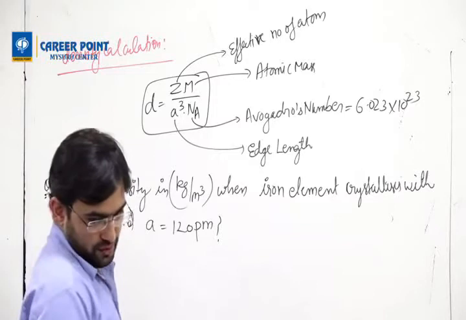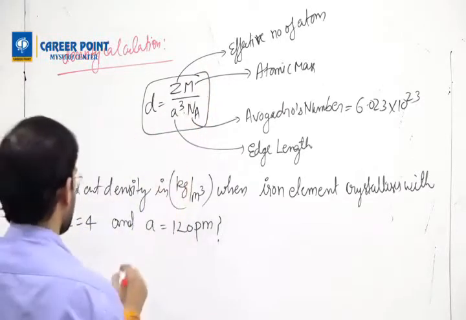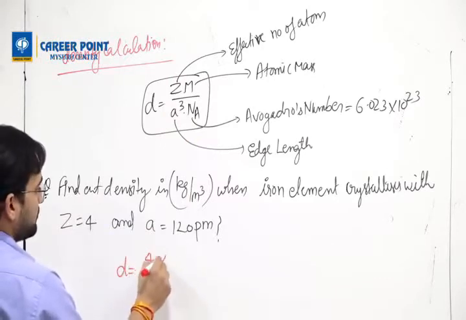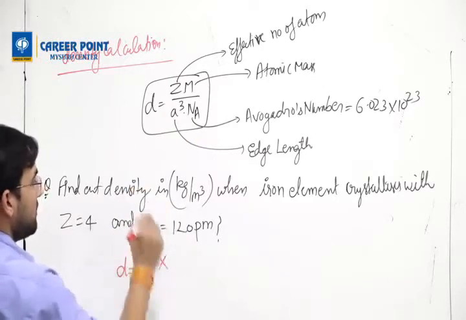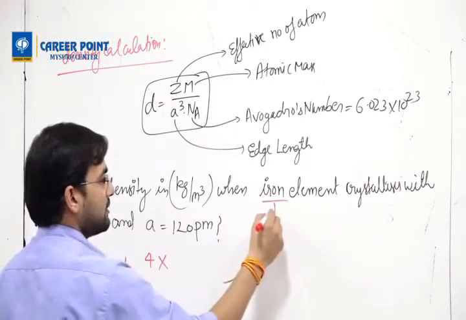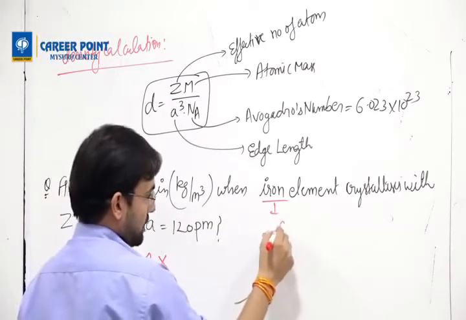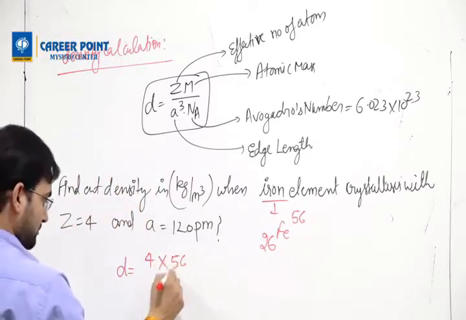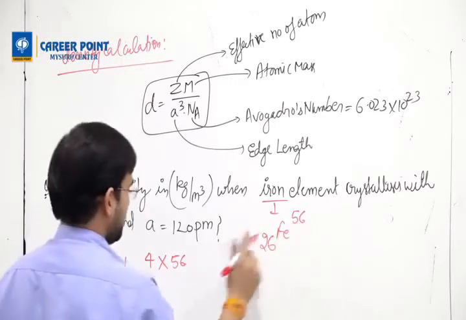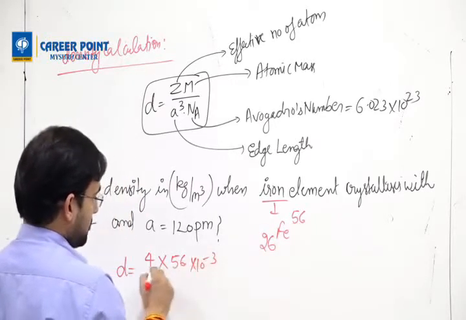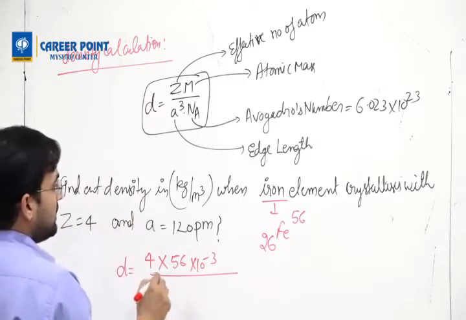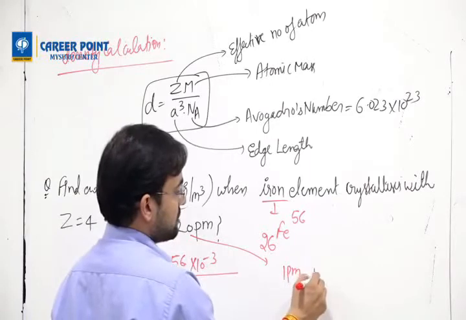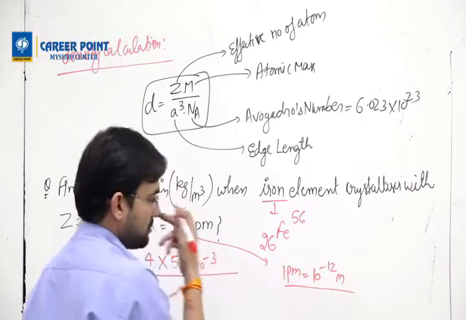Zero point two one five kg per meter cube. Okay, we'll see. So density equals to Z, which is 4, into M for iron. If you remember, 26 Fe, 56. This is in grams, so 10 power minus 3, divided by, this is 120 picometer. 1 picometer equals to 10 power minus 12 meter.